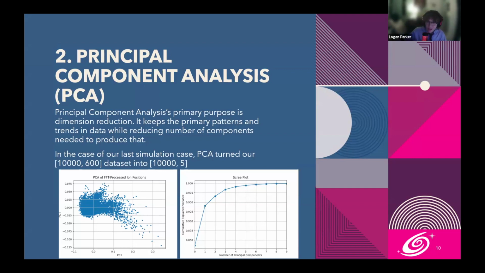In our case, we wanted to keep at minimum 98.5% variance. And in one of our cases, it turned one of our data sets from 10,000 by 600 into 10,000 by 5, while still keeping that variance. It's pretty powerful, pretty wild.